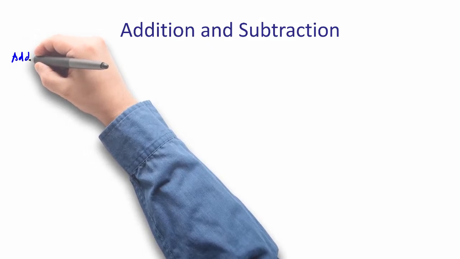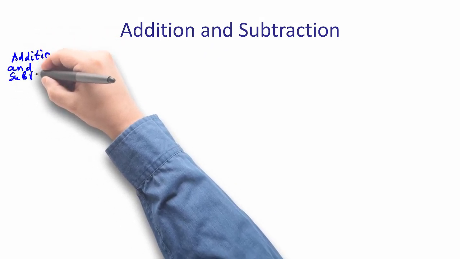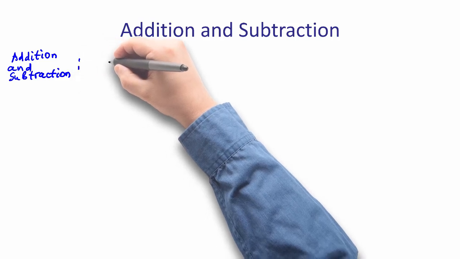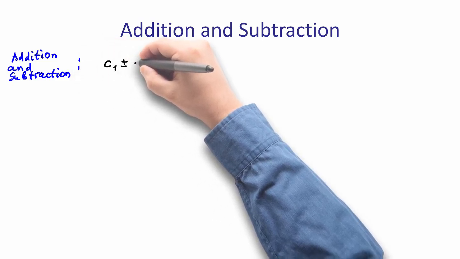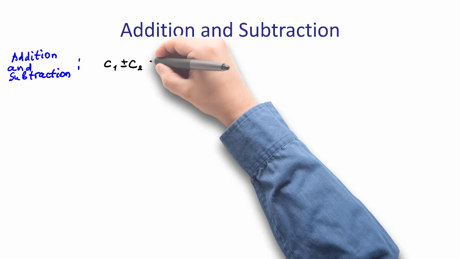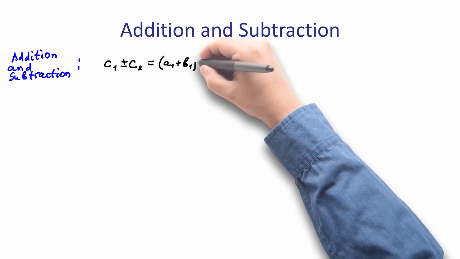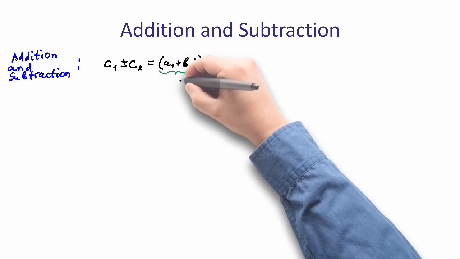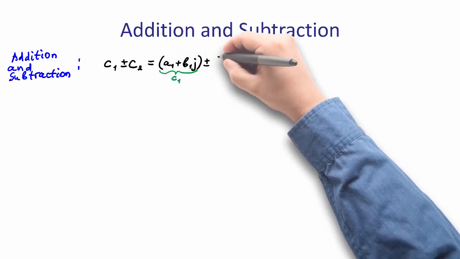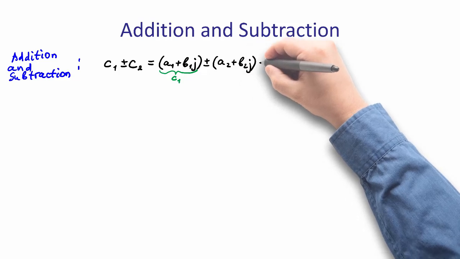We can start with addition and subtraction. If you want to add two complex numbers c1 and c2, or to subtract them, so it's c1 plus minus c2 equals, then you write them in rectangular form, a1 plus b1j plus or minus a2 plus b2j.